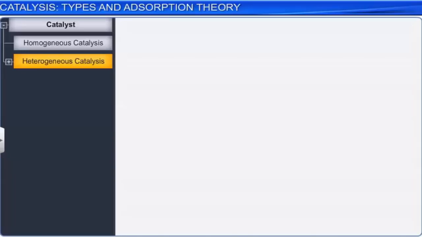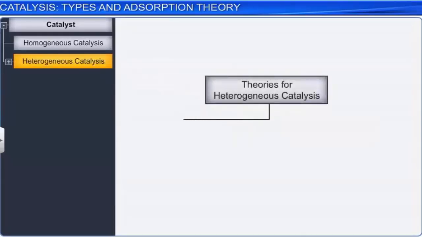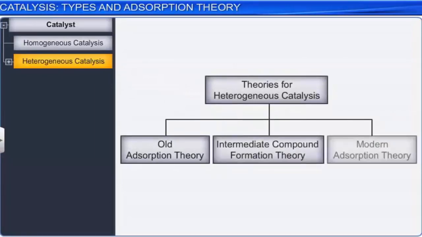Diverse mechanisms of heterogeneous catalysis are known. We will discuss three theories of heterogeneous catalysis, namely, the old adsorption theory, the intermediate compound formation theory, and the modern adsorption theory. Let us first discuss the old adsorption theory.